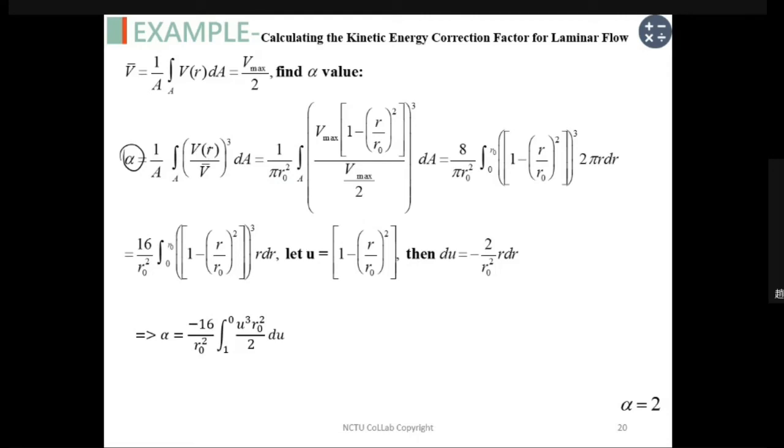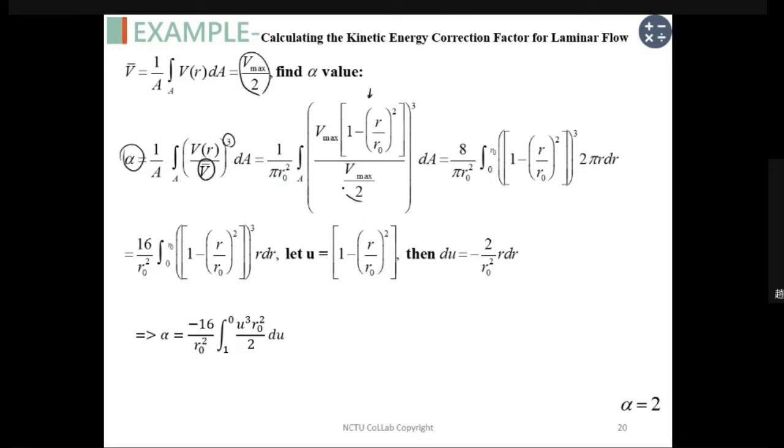So we go back to see the definition of the alpha value. The alpha is equal to 1 over A times the integration along the area of the ratio V divided by V average cubed.